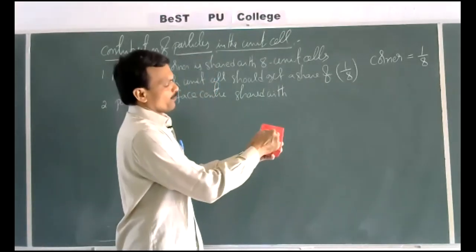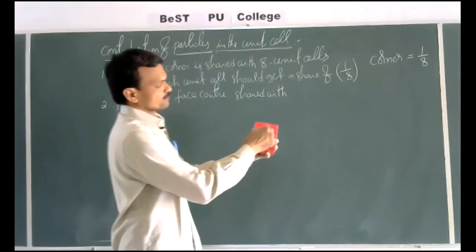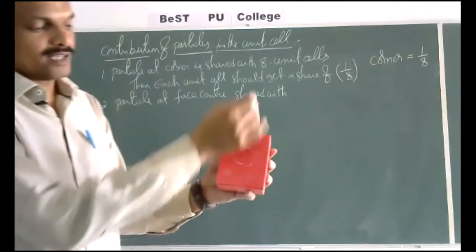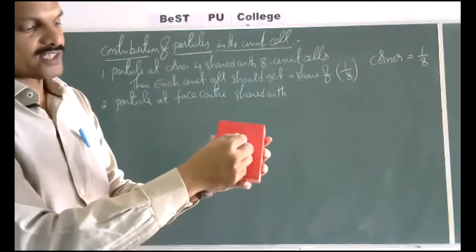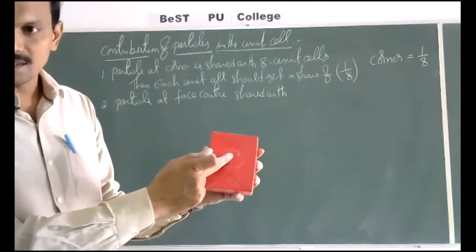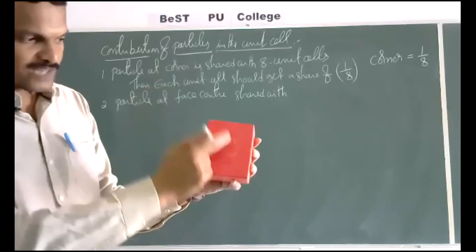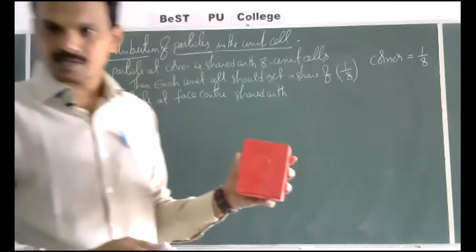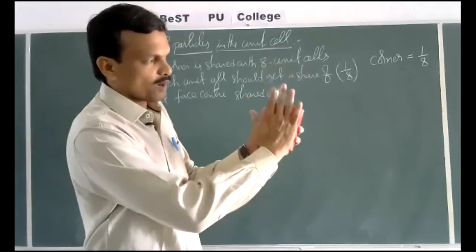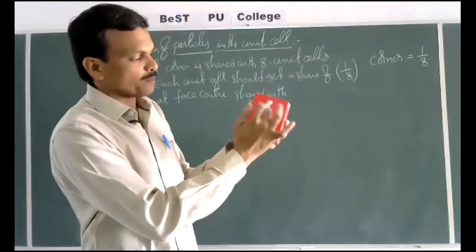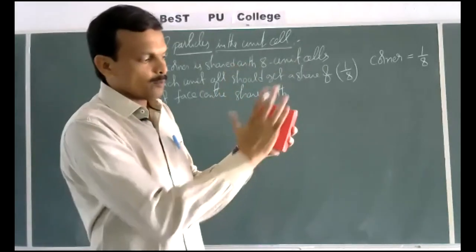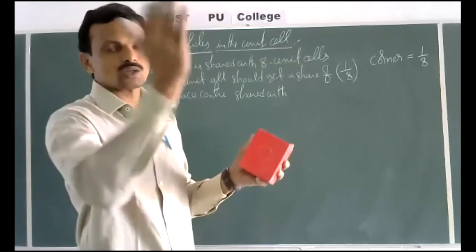Here I have placed a particle exactly at the center of this face. This is the particle at the face center. Now this particle will be shared with how many unit cells? See, exactly over this box, if I keep one more box like this, it will be completely closed. That means this particle will be shared with 2 unit cells.